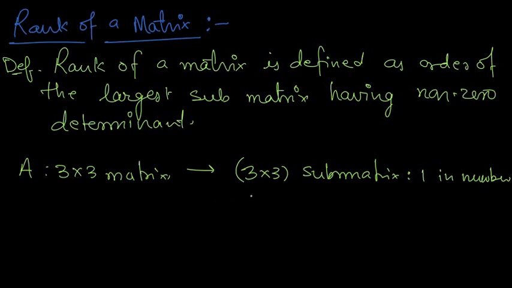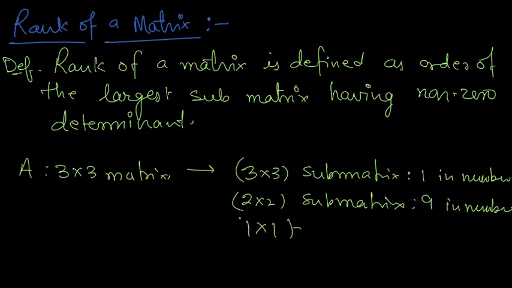If I call a 2 cross 2 matrix, then for this matrix you can get 9 such combinations. So this is 9 in number, the total combinations. If I take a 1 cross 1 submatrix, you also get 9 in number.